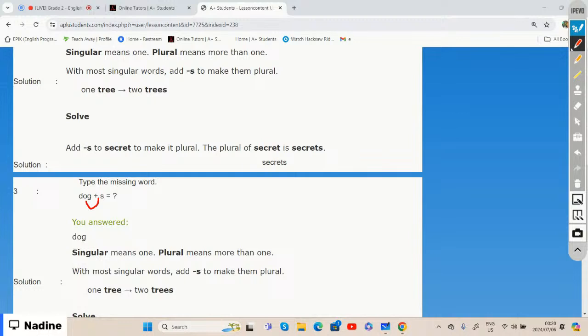Which one is correct? All right, so one dog. My grandpa has five dogs, and it means that we added our S to that word. It is now dogs. One dog, lots of dogs.